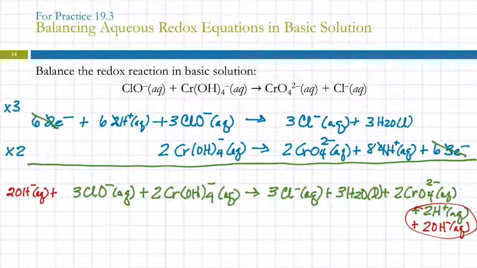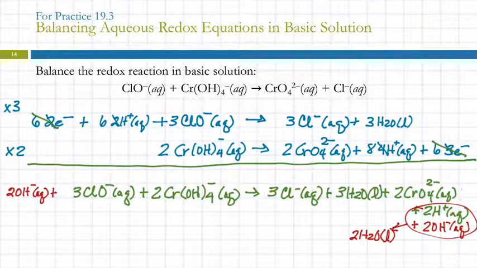Two hydrogen ions and 2 hydroxide ions will combine to make 2 water molecules. Right? So now I have 3 water molecules and 2 water molecules.